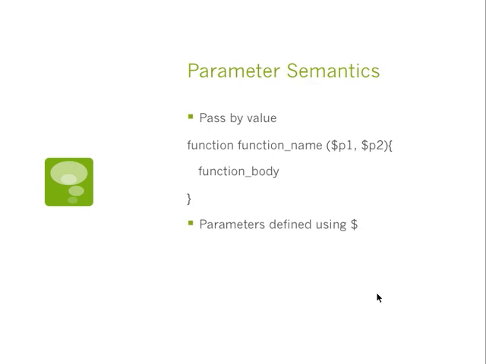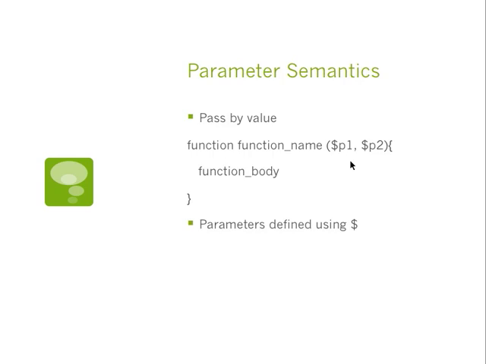So the first type of semantic for parameter passing within PHP is pass by value, and basically you just list the names of the parameters, using the $ symbol to indicate a variable.